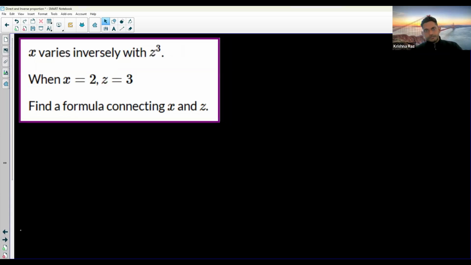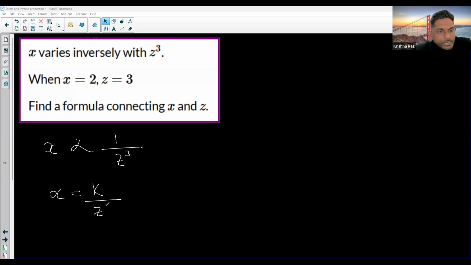Pause the video, give it a go. Welcome back. So this time we have X varies inversely. So X fish 1 over Z cubed this time. So let's get rid of the fish with an equals and a K. So we've got that.